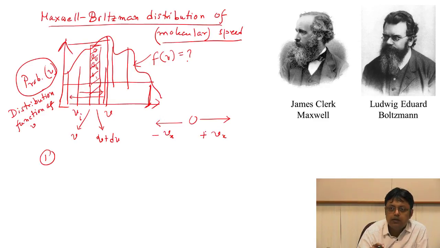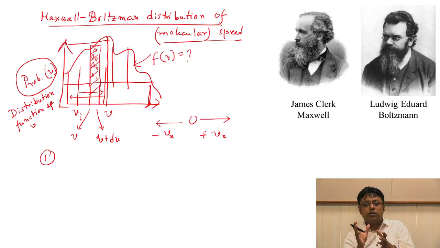So its velocity distribution in either direction should be the same. If it had a biased distribution, meaning molecules in one direction had a higher probability of going, then all the gas molecules would have a net velocity in some particular direction.